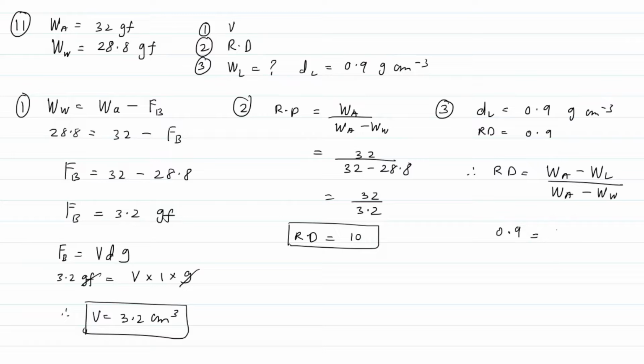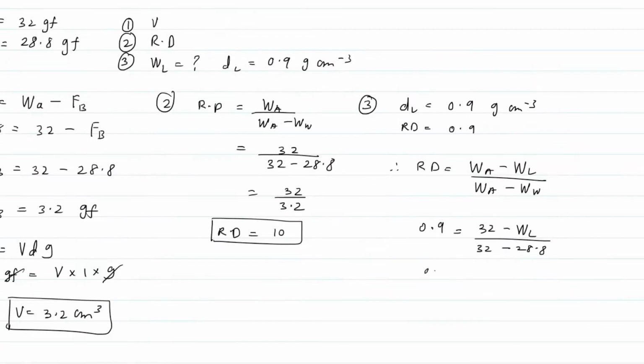So this is 0.9 and this is 32 minus weight in the liquid upon 32 minus 28.8. So we have 0.9, which can be written as 9 upon 10, and that is 32 minus WL, and this is 3.2.